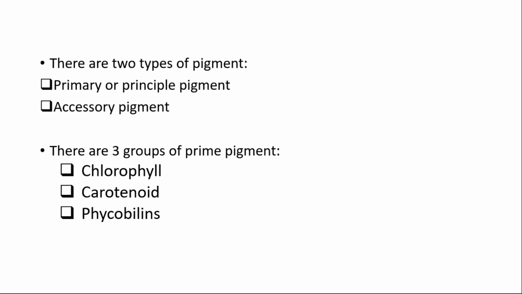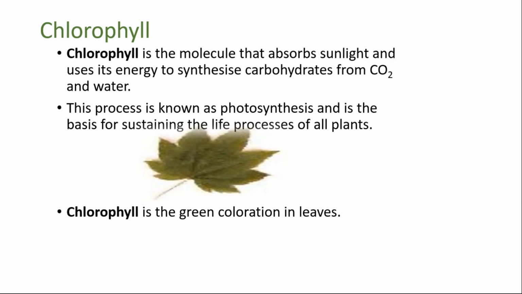The major groups of the primary pigments in plants are chlorophylls, the carotenoids, and the phycobilins. And we will look at each one of these, their structure, their function, and what color they impart in detail. So chlorophyll, this is the molecule which absorbs light.